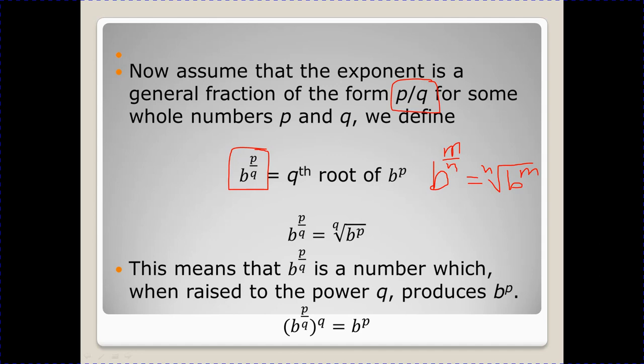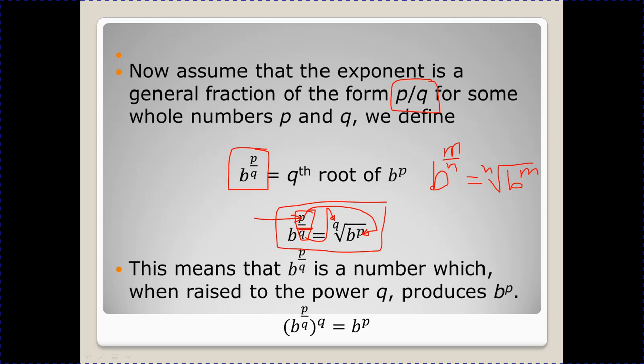Now, just have a look at this. b to the power p over q equals the qth root of b to the power p. The power here is a fraction, numerator and denominator, up and down. The number located down at the denominator will be the index of the radical sign. The number which is up at the numerator becomes the power under the radical sign.